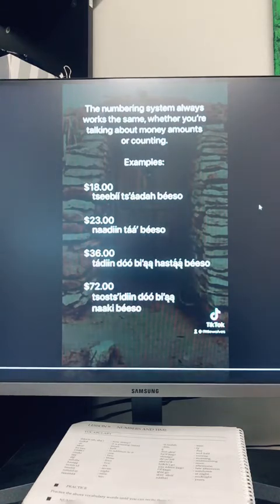Okay, and now here we get to a little bit more advanced part, going further than the $10.